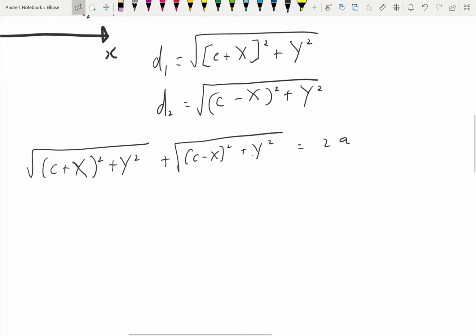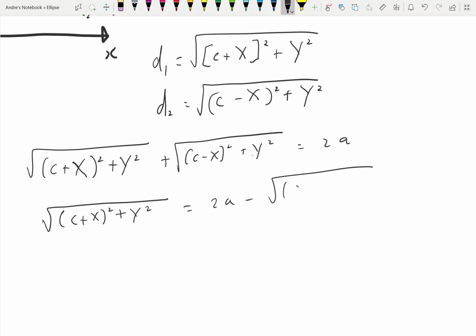Well, we can subtract that second term from both sides of the equation to get the root of (c plus x) squared plus y squared is equal to 2a minus the root of (c minus x) squared plus y squared.